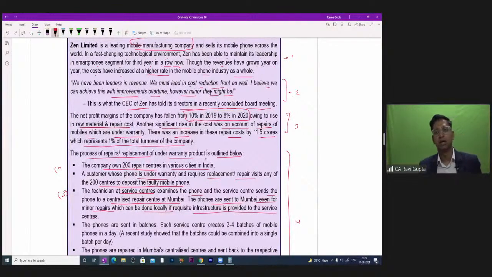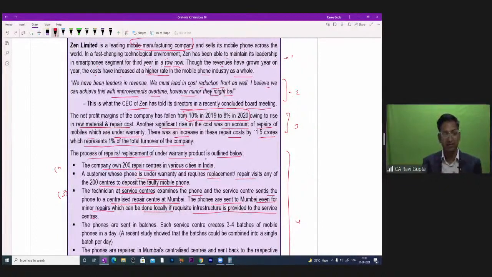That means, for example, consider that a mobile company, for example Samsung, has 200 service centers across India. Now you own a Samsung mobile, and whenever there is a problem in your mobile phone, you visit the service center, and for even a minor repair they send your mobile phone to Mumbai.